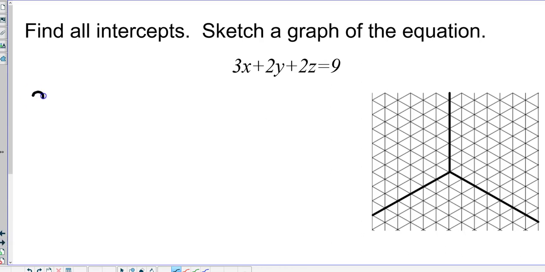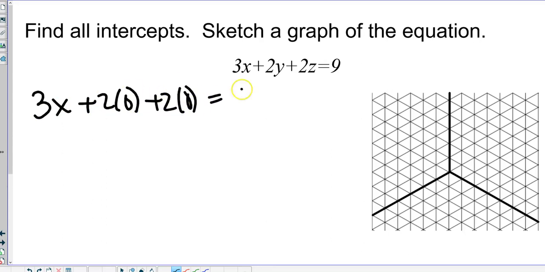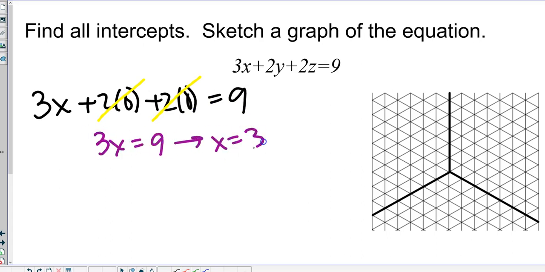If we do this very properly, I would get 3x plus 2 times 0 plus 2 times 0 equals 9. But we can do this pretty fast because those are going to go away, right? So what is your x-intercept? Yeah. So my x-intercept is 3.